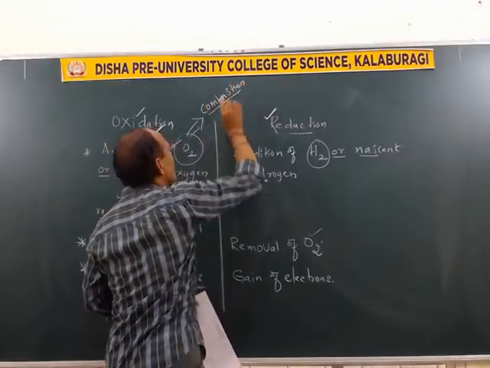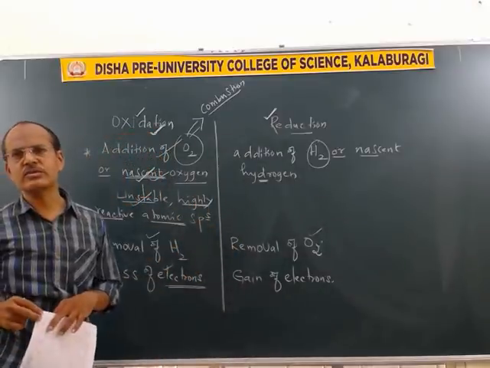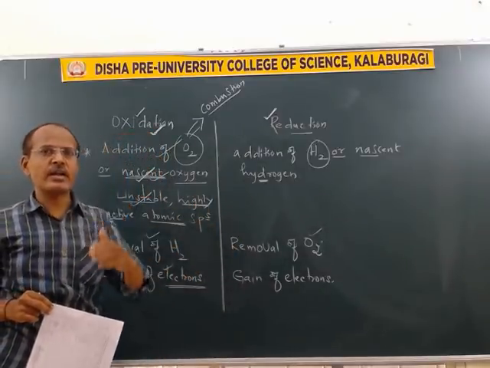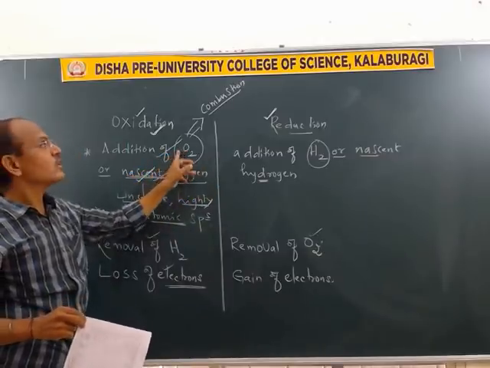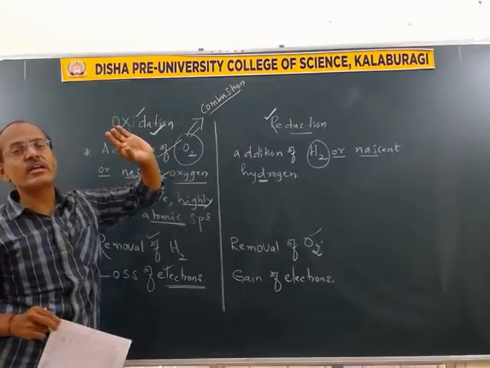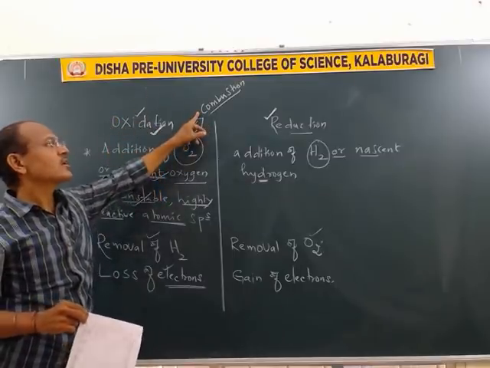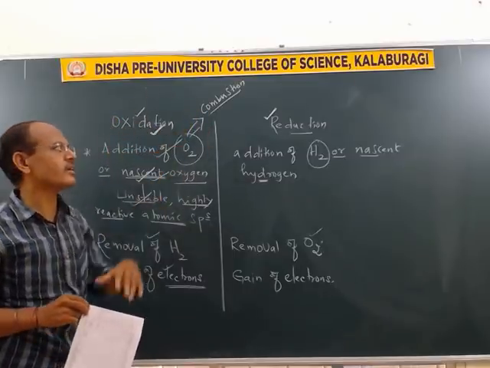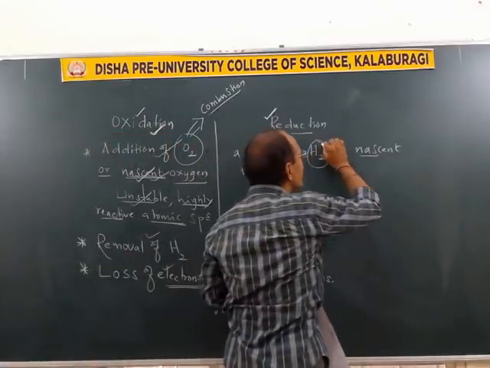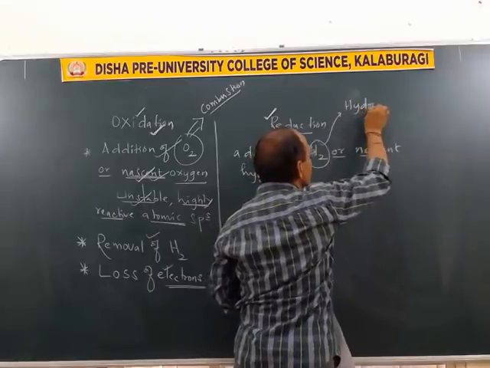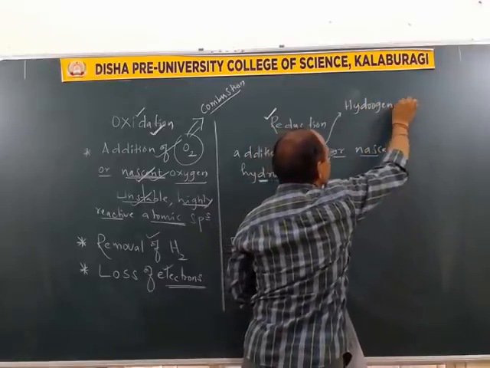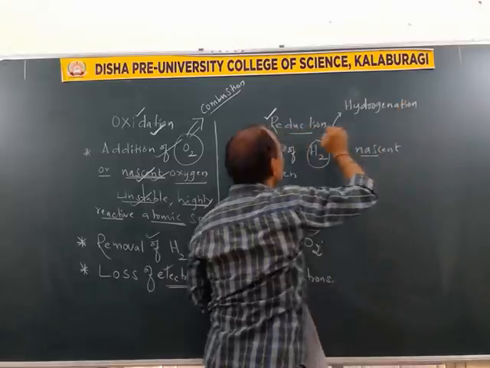So addition of direct oxygen, O2, not O, to the reaction is generally referred to as combustion. Like that, addition of direct hydrogen to the reaction is called hydrogenation.